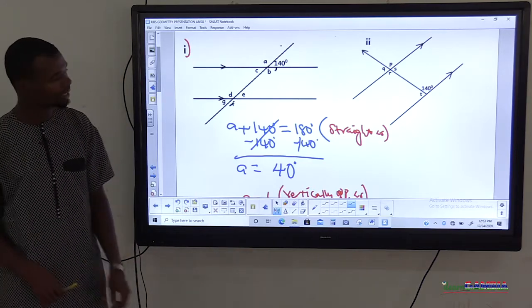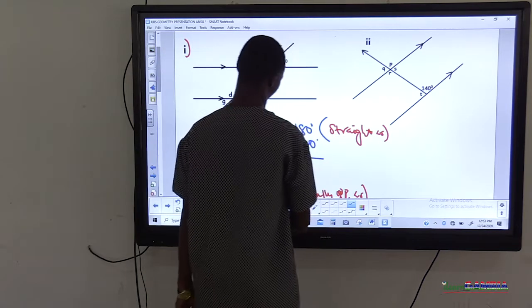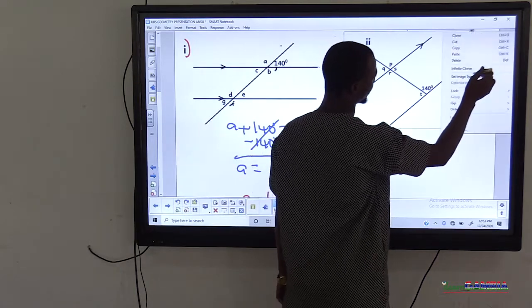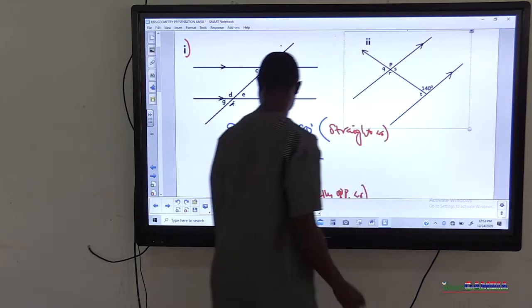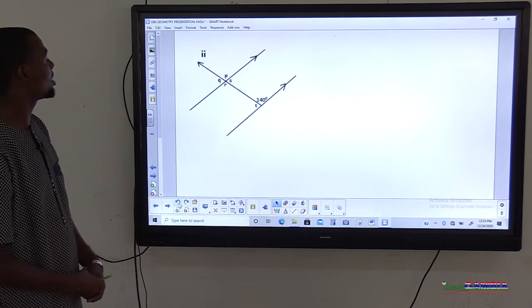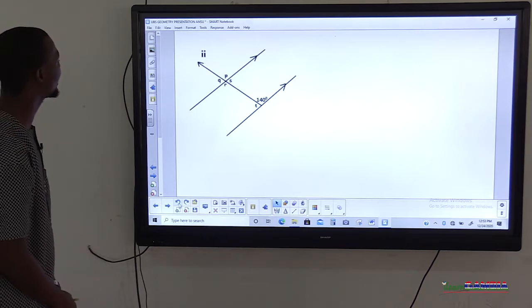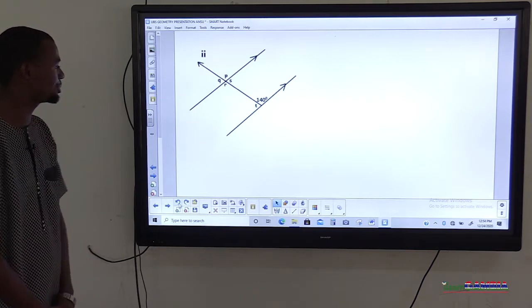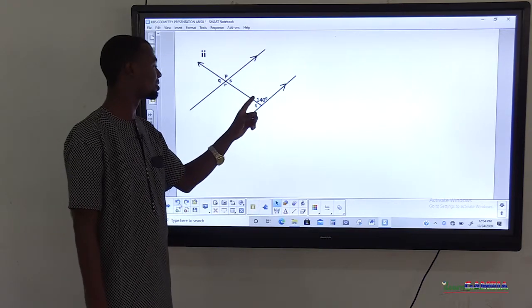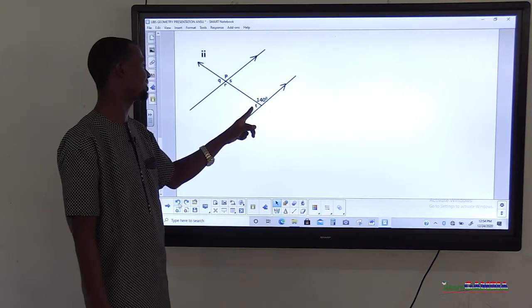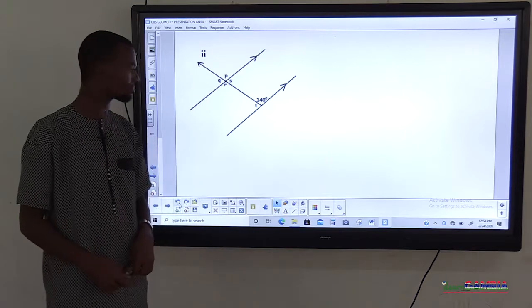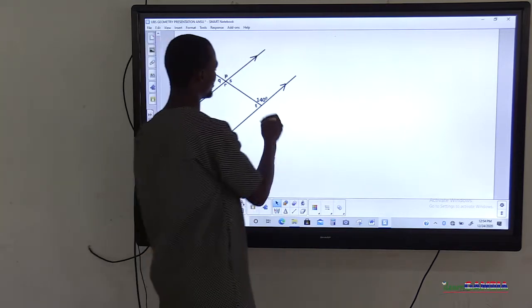So we go to the next one. This one, let's put it in our next page and solve it there. We have 140, T, R, S, P and Q. First, what do we find?